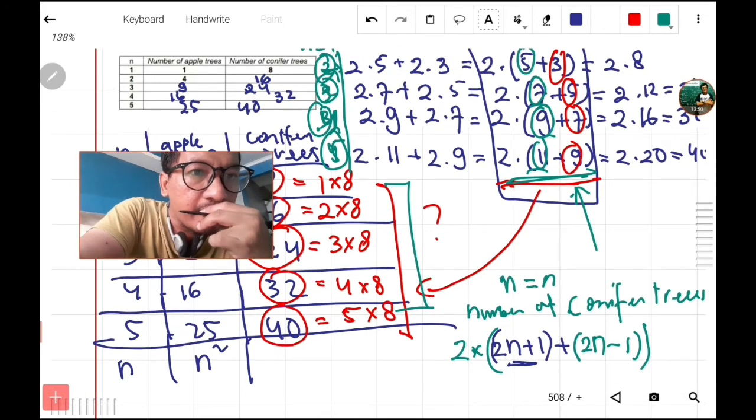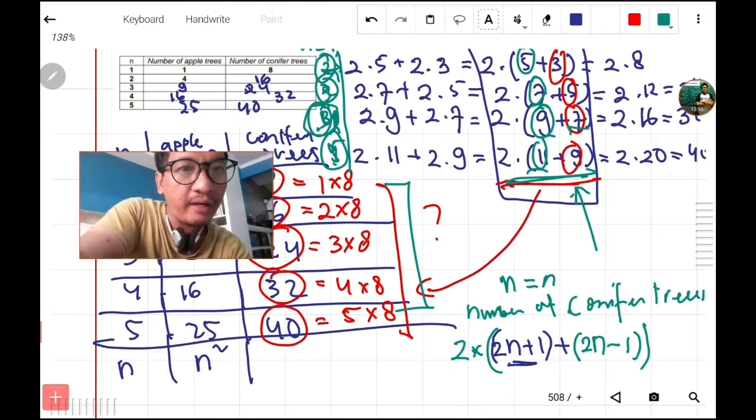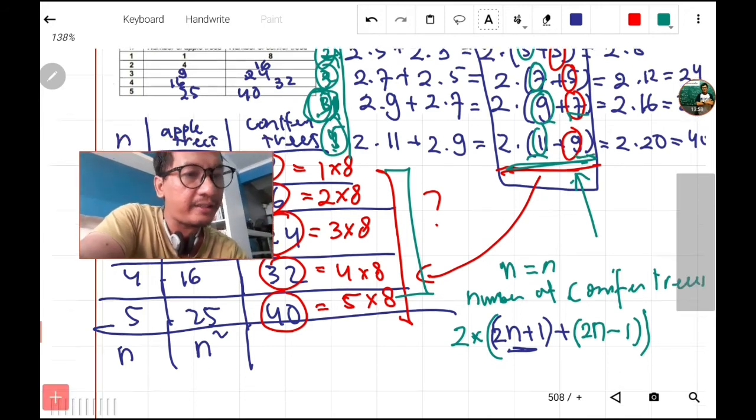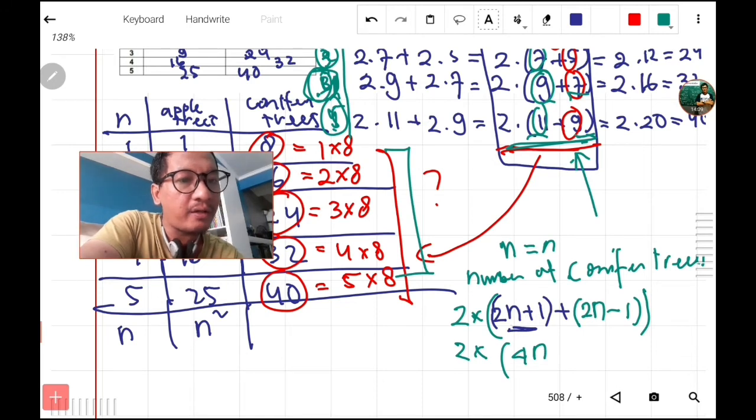When n is 4, 2 times 4 minus 1 is 7, right? 2 times 5 minus 1 is 9. Okay, this we get 4 times n, yes, 2 times 4 times n. So this is 8 times n, or 8n.